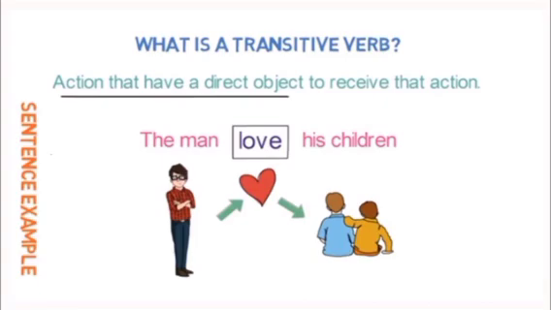Here, love is the action performed by the man, which is the subject in this case, and it has a receiver, which is children. The man is the subject who is doing the action of love, and it has the direct object children, so it is a transitive verb.